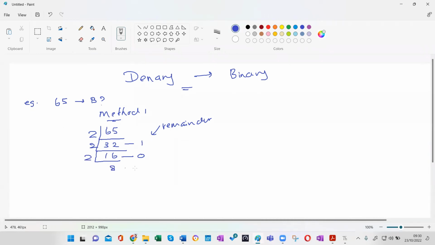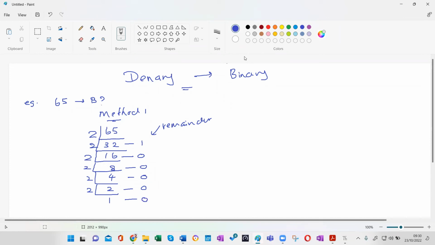Now 8 and the remainder is 0. It's so easy. Divide by 2 again: 4, remainder 0. Divide by 2: 2, remainder still 0. Divide by 2: 1, and don't forget to put the remainder here. The remainder is 0.